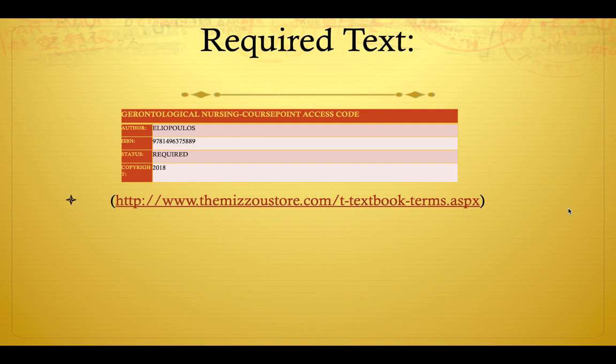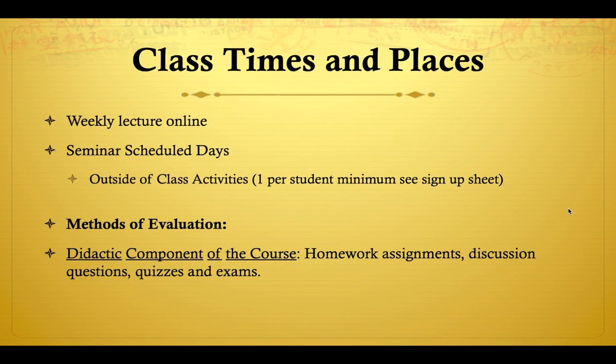The textbook that is required for this course is listed on the slide. It's Gerontological Nursing with the CoursePoint access code. You do need the online access for the course, and we'll utilize that using some of the vSims as we prepare for a couple of simulations. So you'll have weekly lectures online, and then you'll have some seminar days that are scheduled.